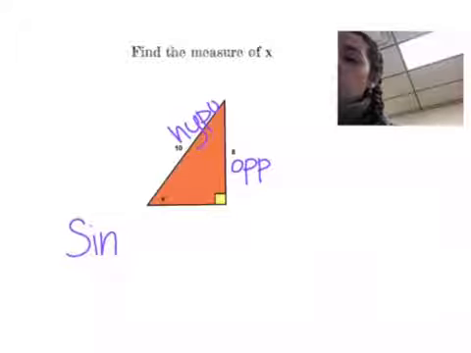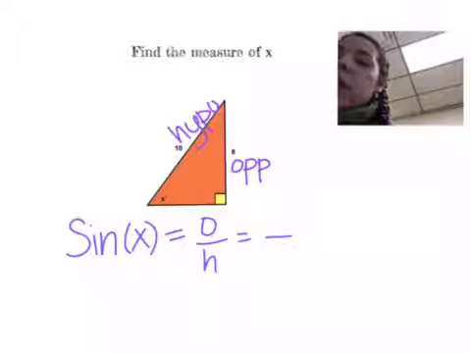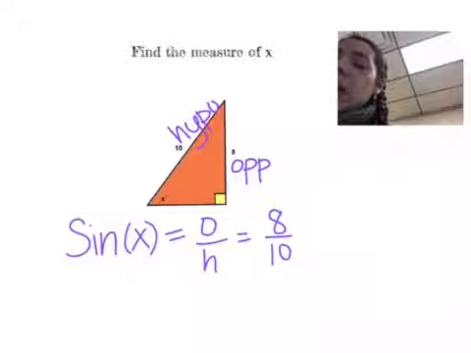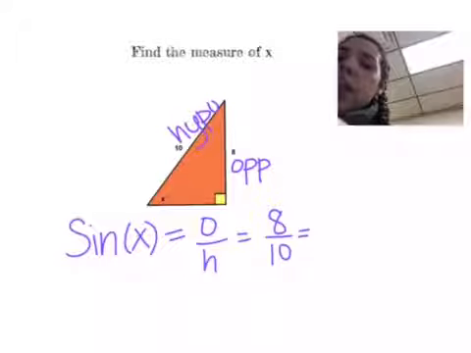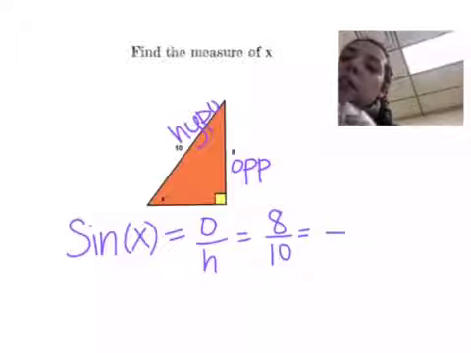So we know that sine is going to be the opposite over the hypotenuse. So I can replace those variables with the numbers. So that's 8/10. And now what I can do is, you don't have to simplify when you plug this into the calculator. You can if you want.